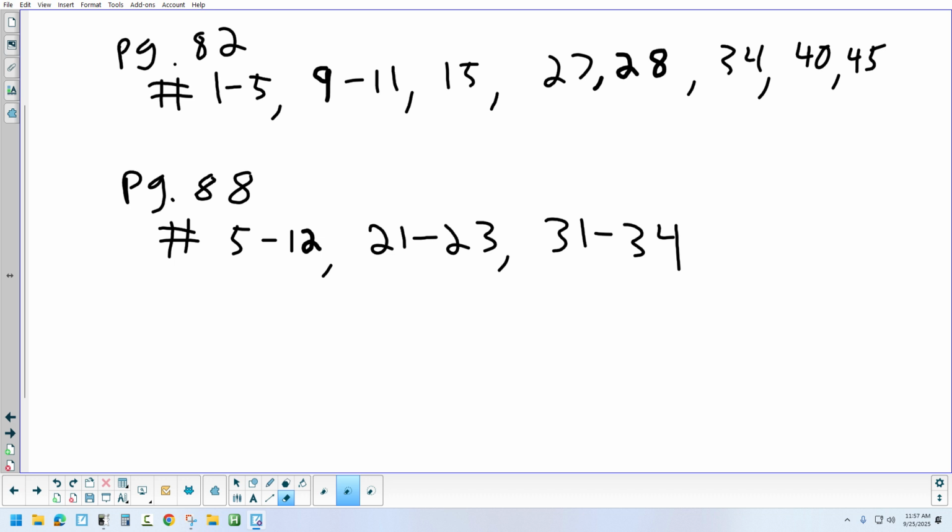The first page, that's on 2.1, and a lot of that is calculating the zeros using the calculator. Yeah, finding the zeros.